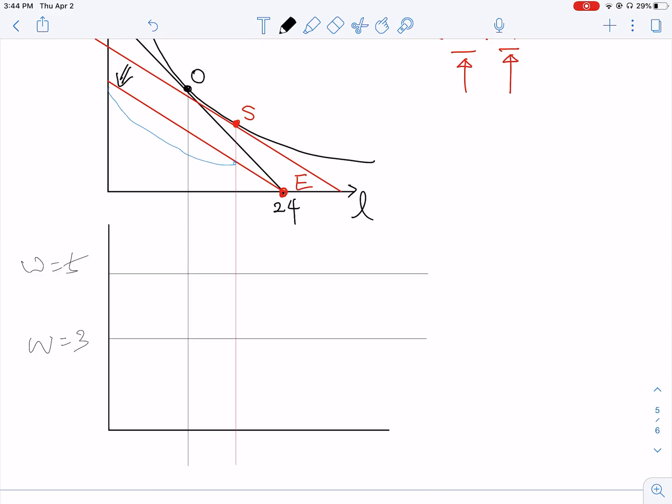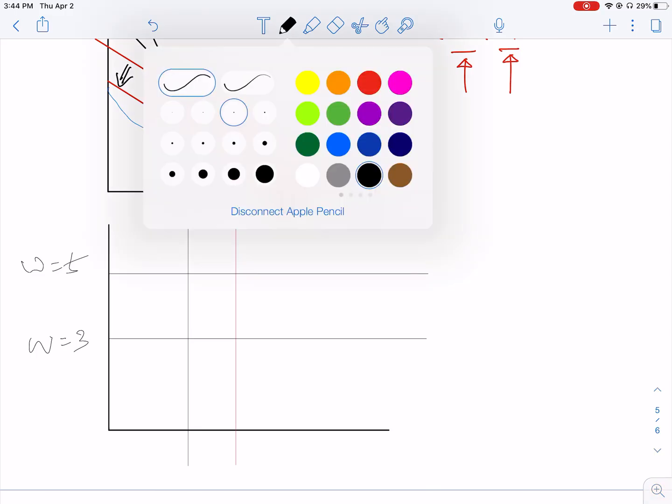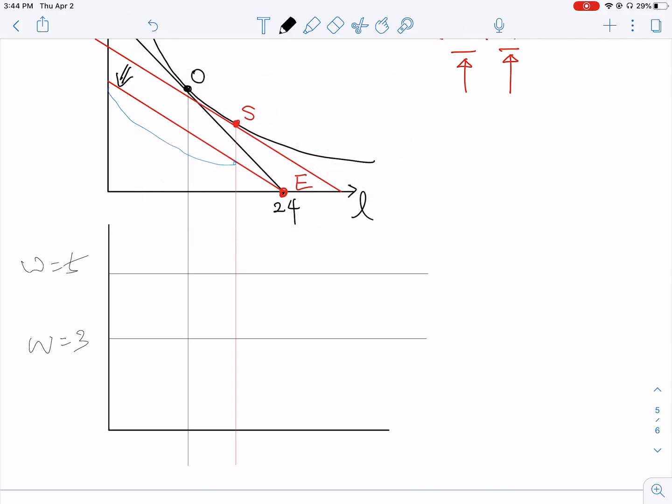Previously you were at this point. Let's say leisure is a normal good, so the optimal decision will be somewhere here.